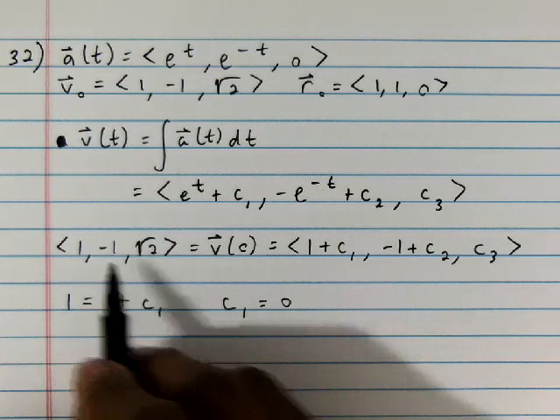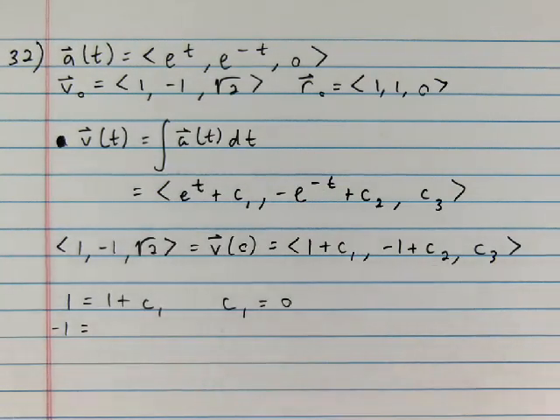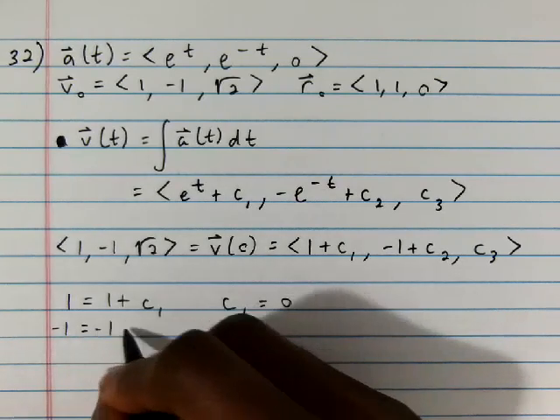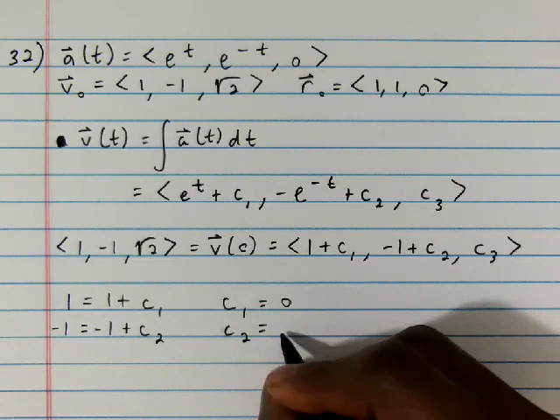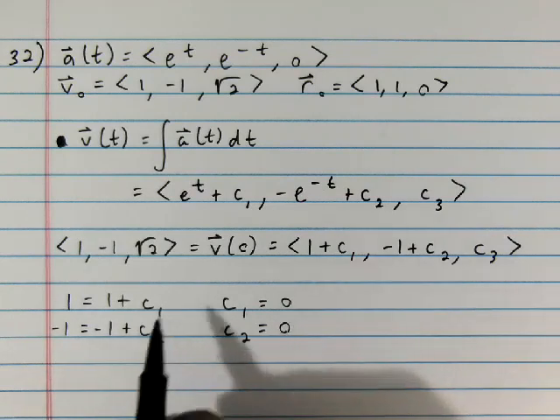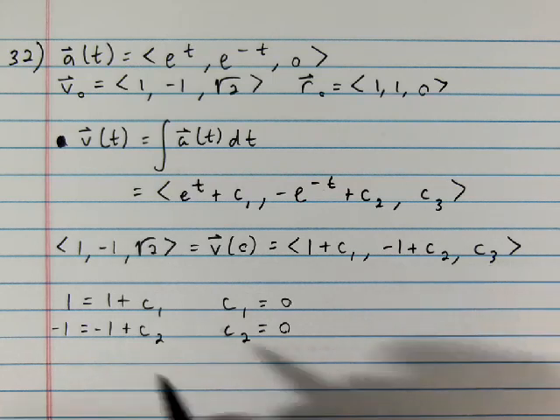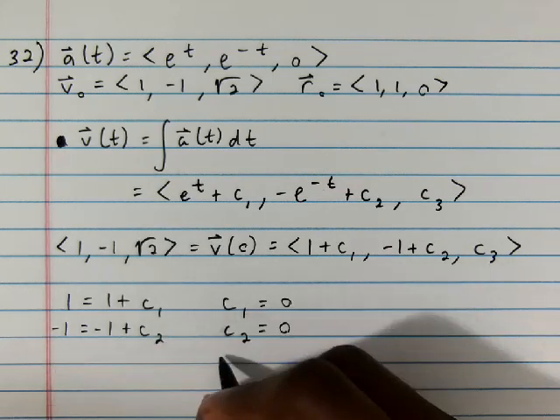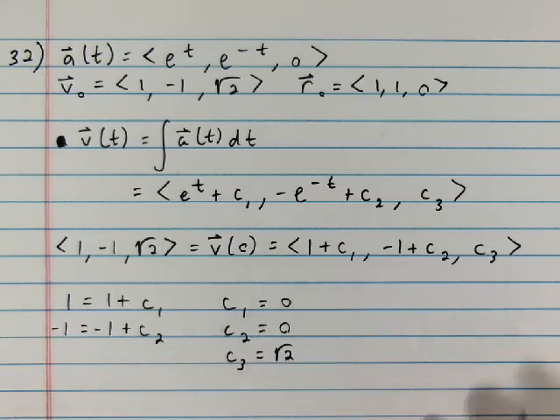Negative 1 equals negative 1 plus c2, which tells us that c2 is also equal to 0. And the square root of 2 is equal to c3. So c3 is equal to square root of 2.